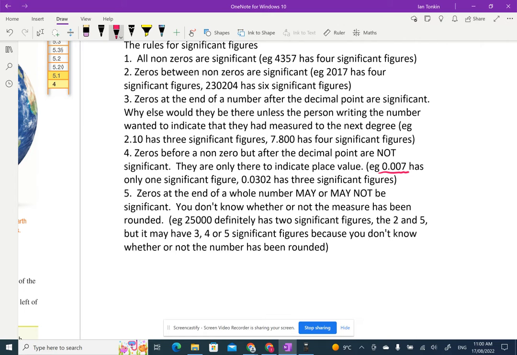You didn't go beyond the thousandths. The first 3 zeros, no significance. Here, the first 2 zeros, you haven't measured any units, you haven't measured any tenths, but you have measured the hundredths, the thousandths, and the ten-thousandths. So there are 3 significant figures there.